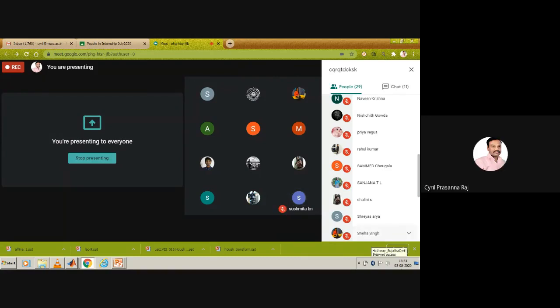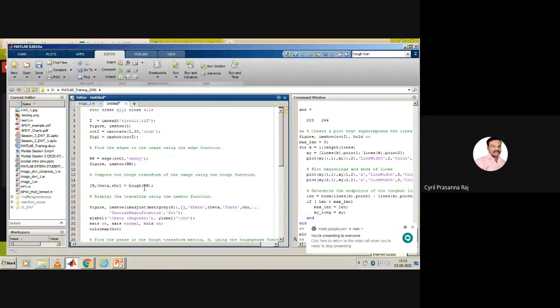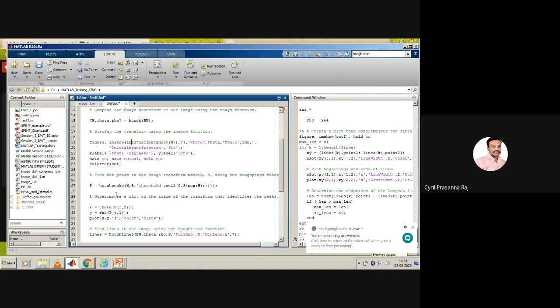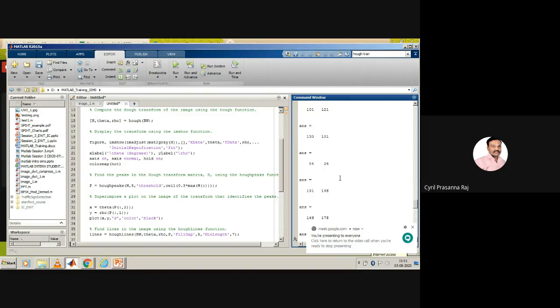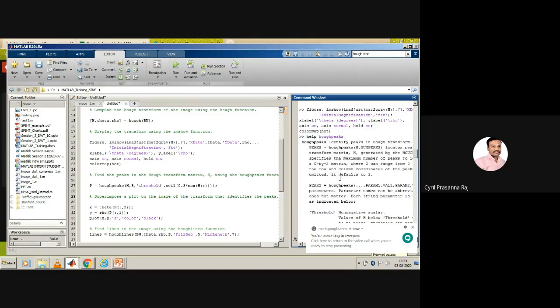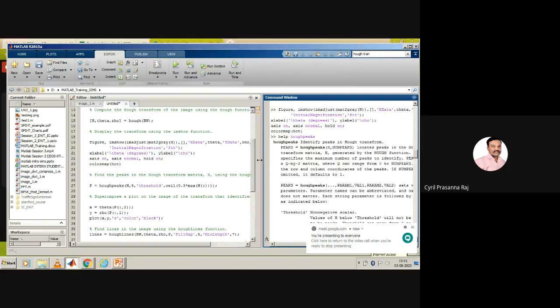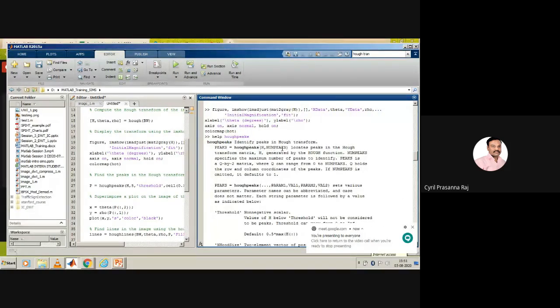Yeah, see, to find all the lines in the given image, you go to the code. There you have put 5 here, see that number of lines. If you take Hough peaks, this function, houghpeaks(H, numpeaks) locates peaks in the Hough transform matrix H generated by the hough function. NumPeaks specifies the maximum number of peaks to identify.